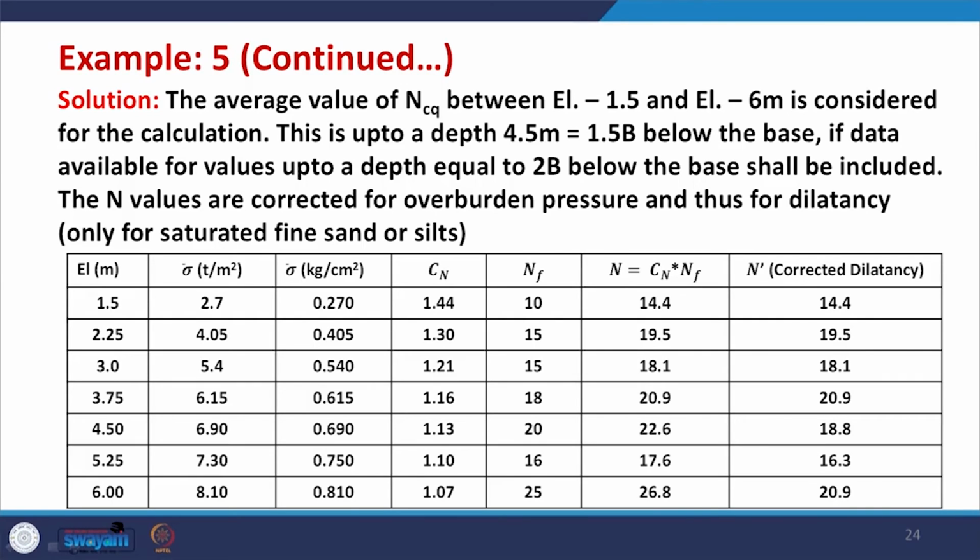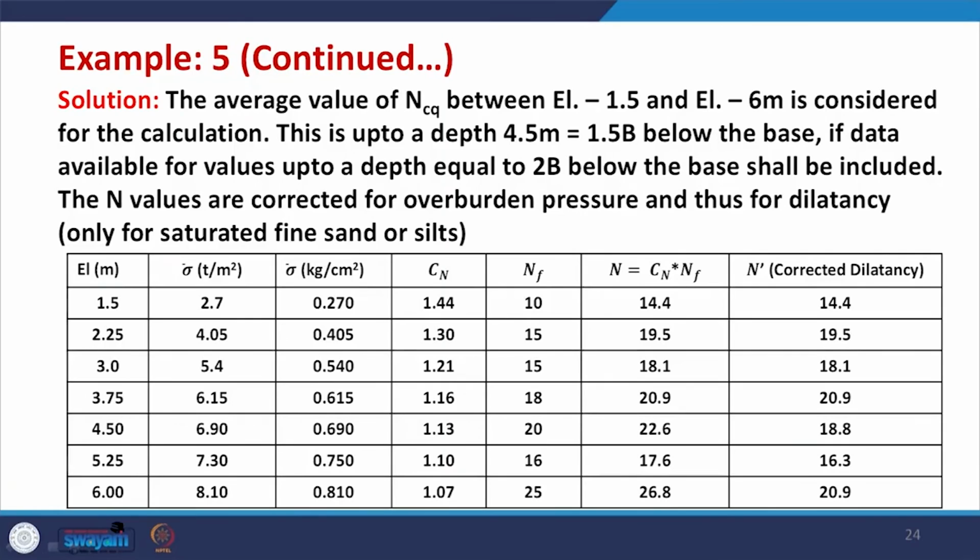So, this column is ton per meter square, gamma into h, and then if you divide by 10, you simply get kilogram force per centimeter square. This is the value, and the third column is Cn, which is calculated from the equation we have just discussed. This N subscript f means these are the field values of N, which is directly measured in the field.